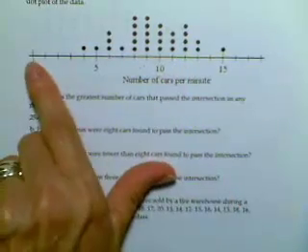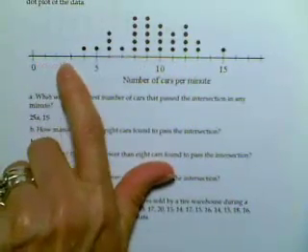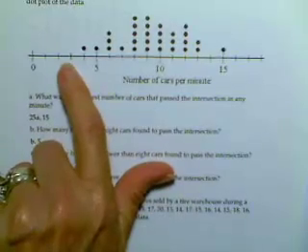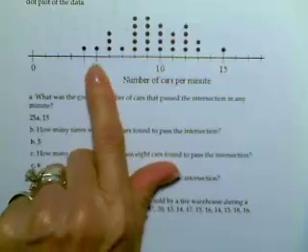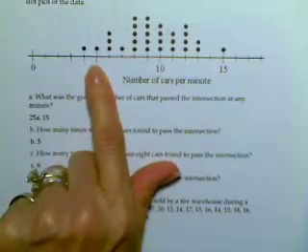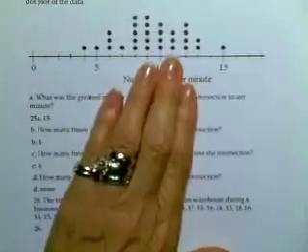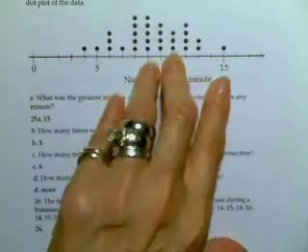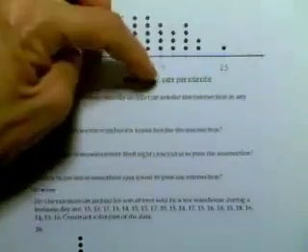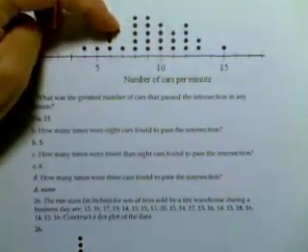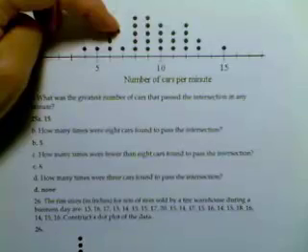When they first got there, the first couple of minutes, no one came. And then after 4 minutes, a car came. After 5 minutes, a car came. And then it begins to get really busy. And then it begins to taper off. So this might be the time that parents are dropping students off to school.